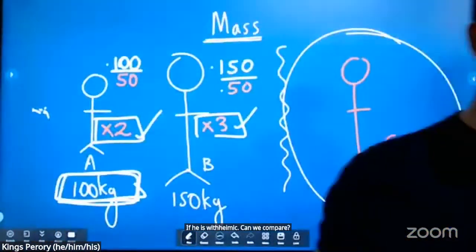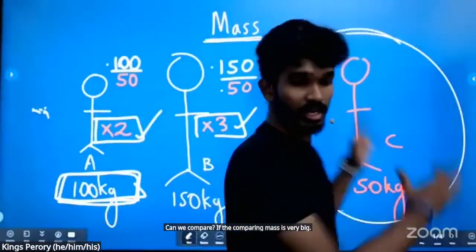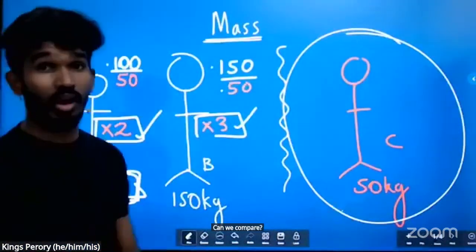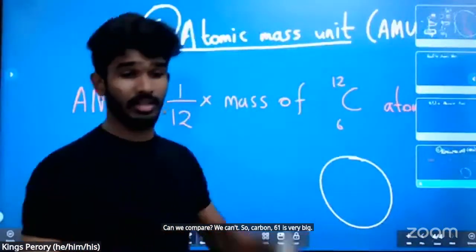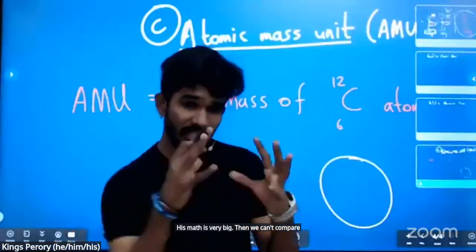Tell me. Can we compare? No, we can't. So carbon-12 is very big. Its mass is very big. Then we can't compare. So what did the scientists do?